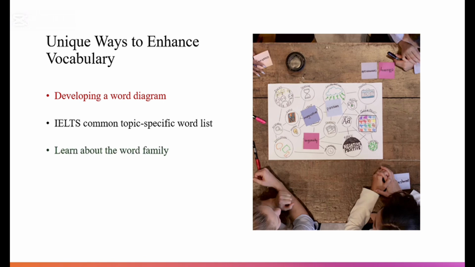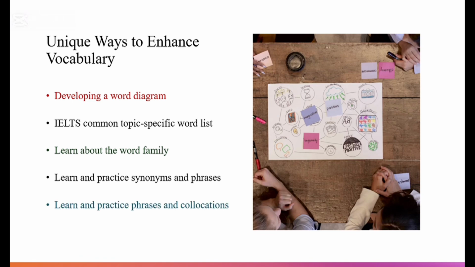A word can have different forms that we need to learn, how we can use those forms in different sentences and in writing, and as well as while you are reading, how those words can give you the meanings. The fourth thing is we need to learn and practice synonyms and phrases. And finally, last but not least, we need to learn and practice phrases and collocations.